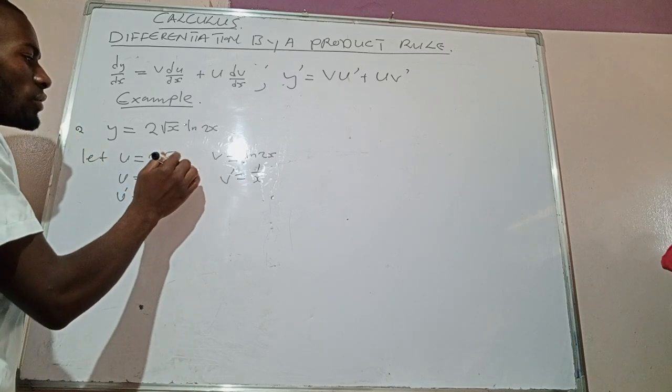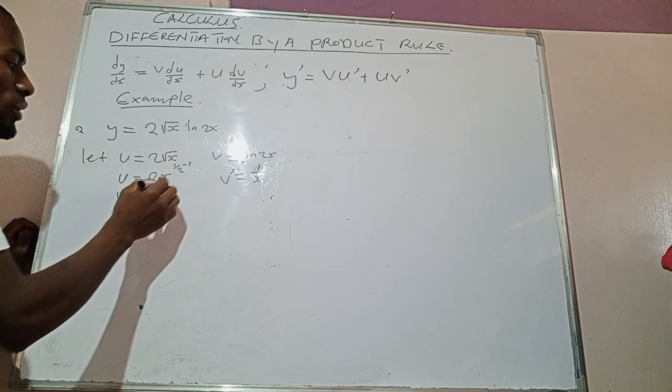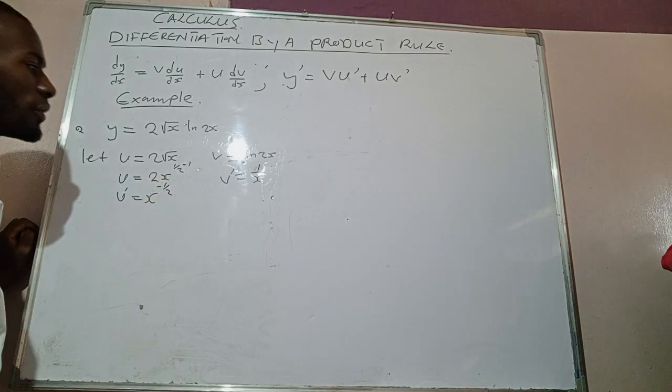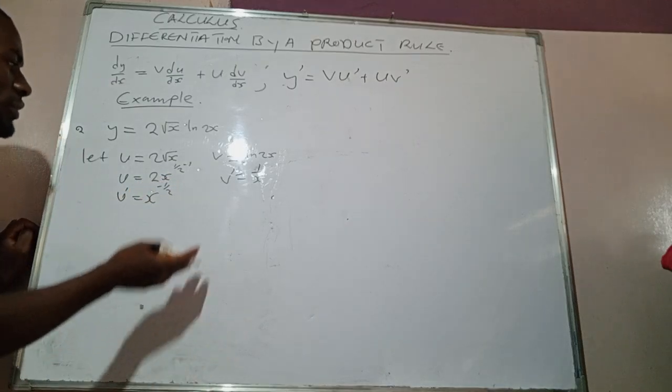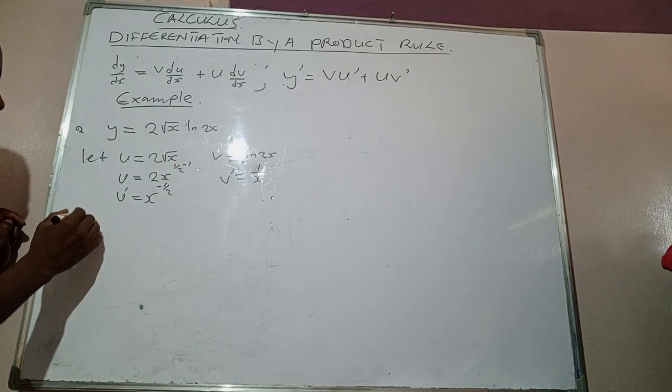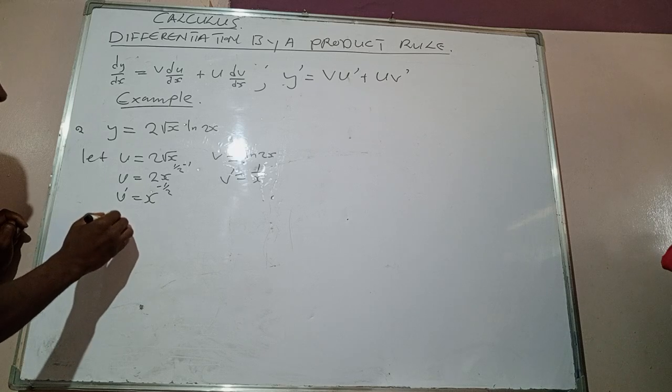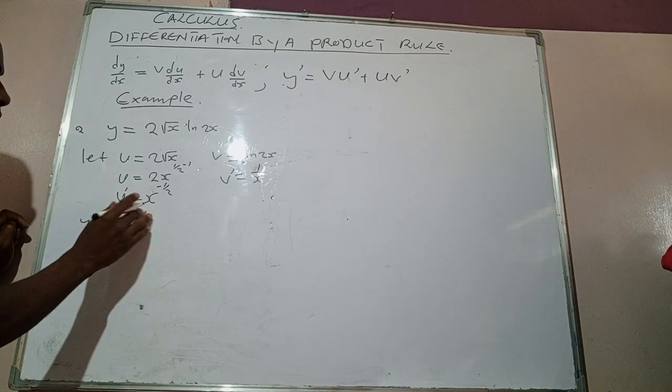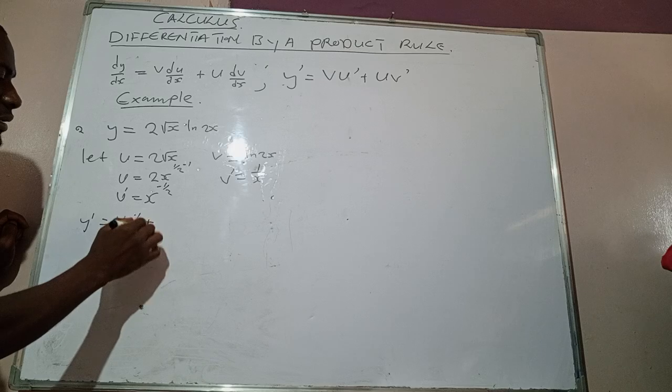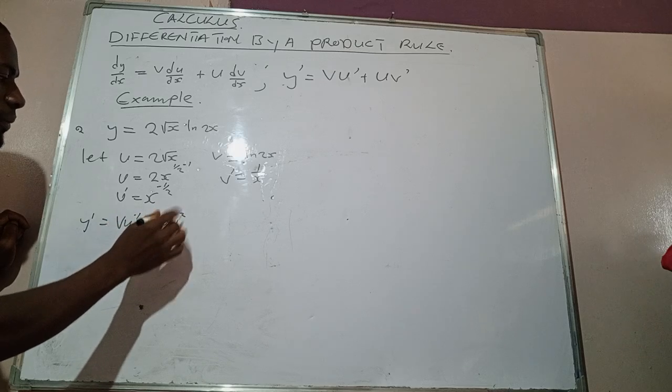Then 1 over 2, you subtract 2 with 1, you are going to have negative 1 over 2. So now we can go back to our formula. y prime is equal to vu prime plus uv prime.